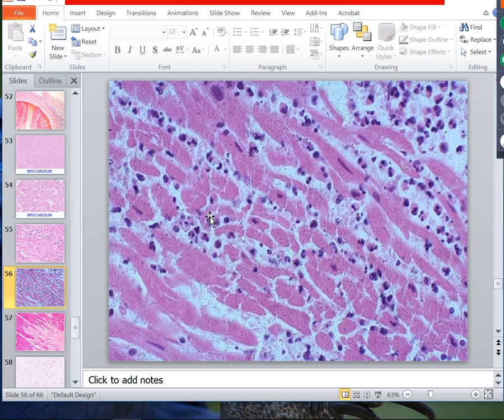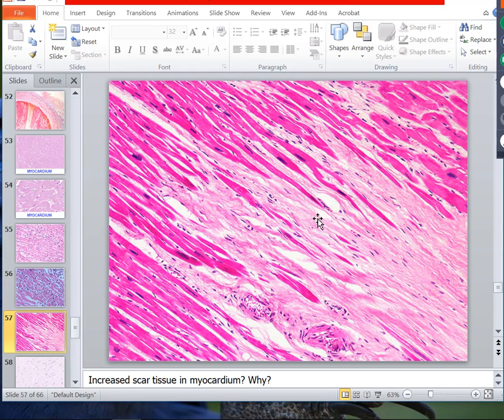And now here we have some more myocardial fibers infiltrated by chiefly neutrophils. So that is a classical acute, probably transmural, because it involves perhaps the entire thickness of the myocardium, acute or recent myocardial infarct. And here's some more myocardial cells. If you look closer, you can see striations.